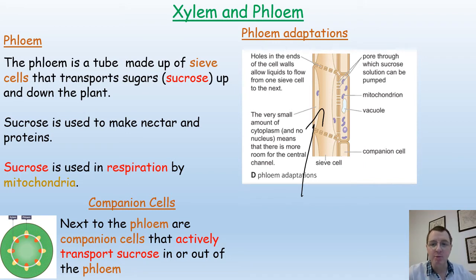They won't be carrying out respiration. So all the functions of active transport, of respiration, are carried out by the companion cell, which will then be utilised to regulate the concentrations of sucrose that are in the phloem.